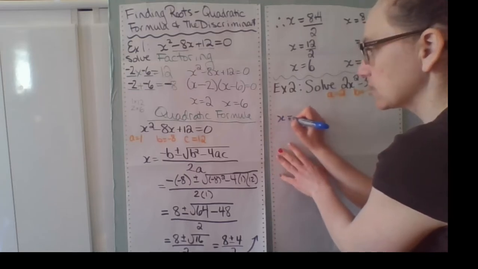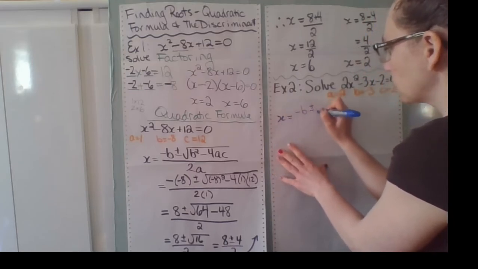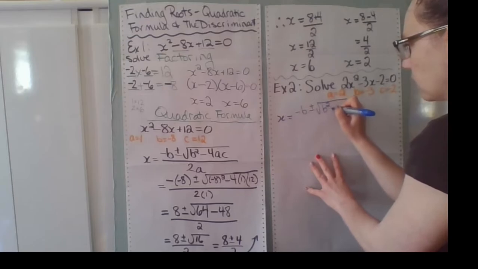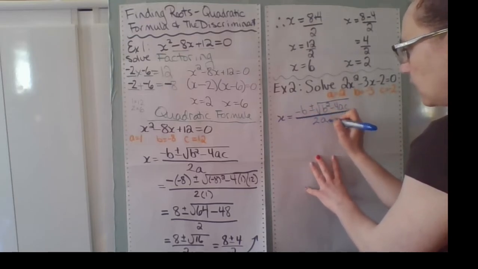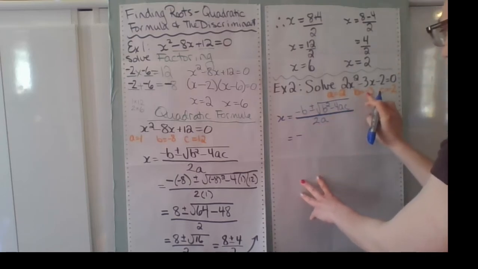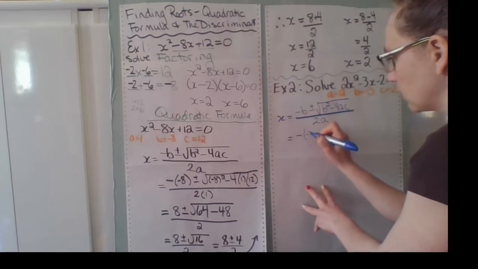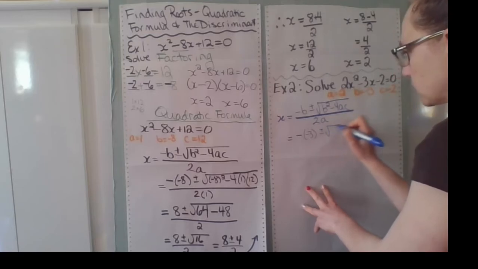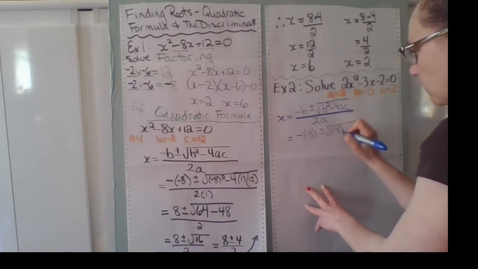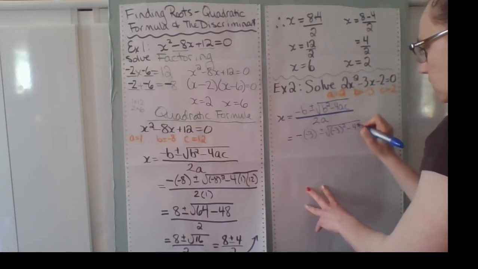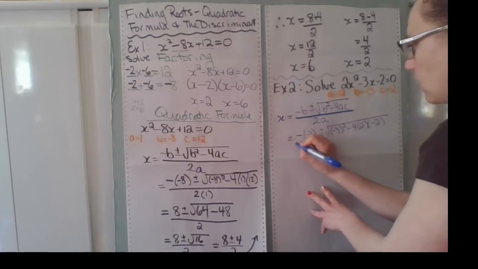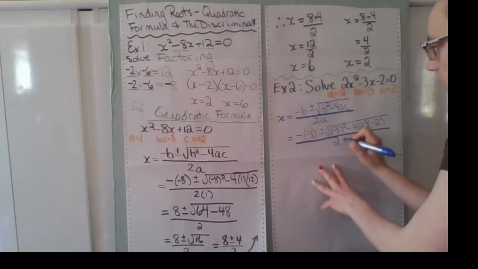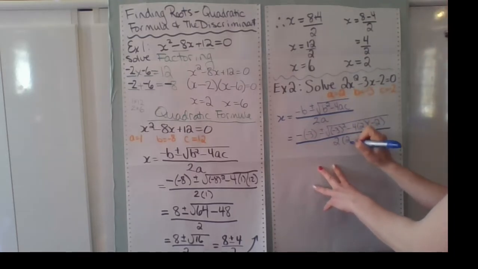So we know x equals negative b plus or minus the square root of b squared minus 4ac, all divided by 2a. Negative b, so b is negative 3, plus or minus the square root of negative 3 all squared, minus 4 times 2 times negative 2, all divided by 2 times a, which is 2.